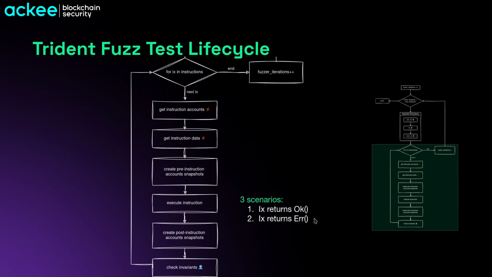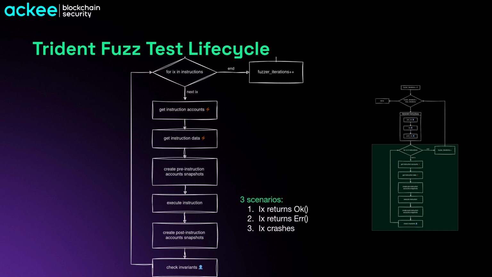And the third scenario is when the instruction crashes. This might happen if there is an unhandled runtime error, for example if you try to unwrap an error result, or unwrap an option that is none, or other runtime errors such as index out of range.